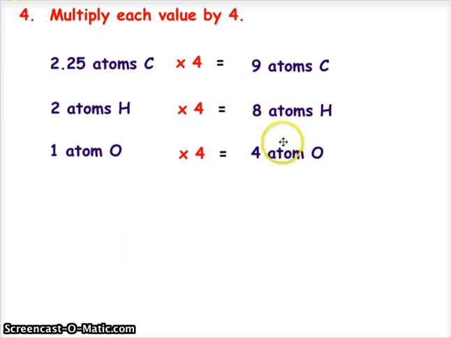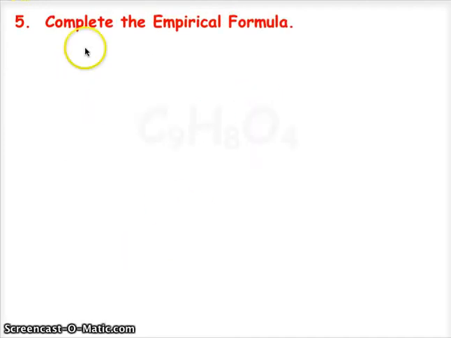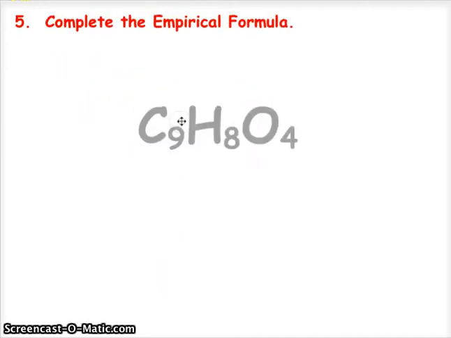And now we have our ratio of atoms, which gives us the final empirical formula of C9H8O4.